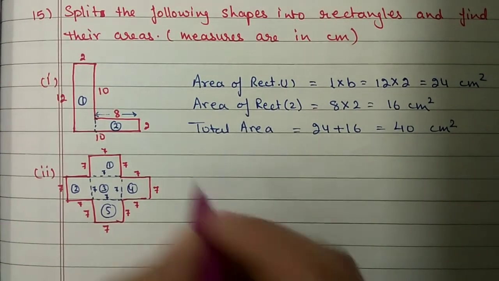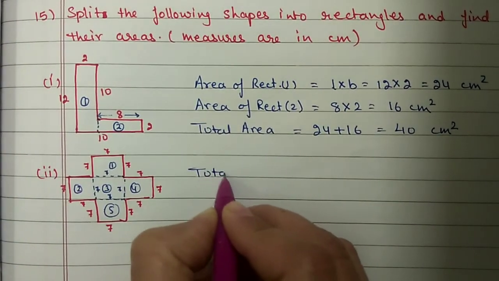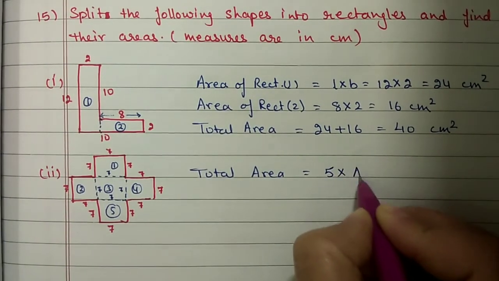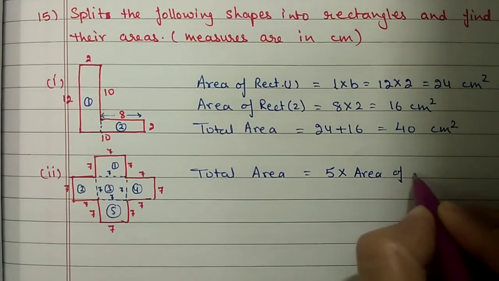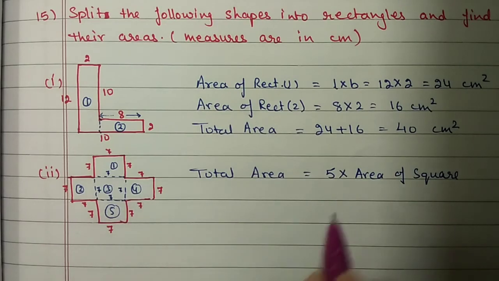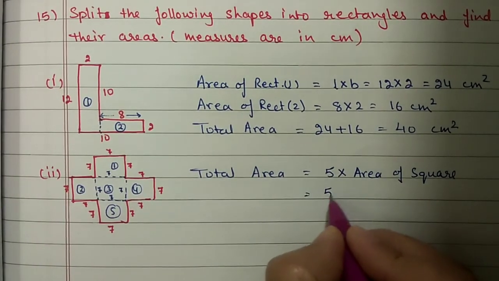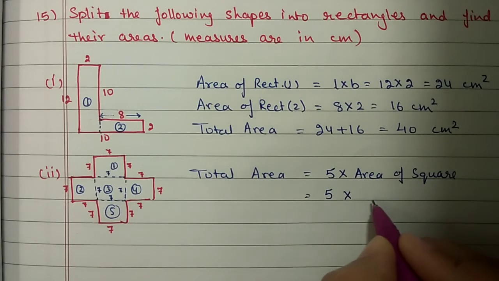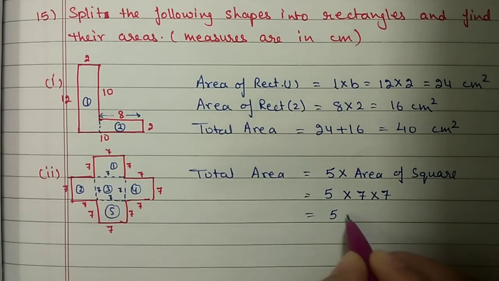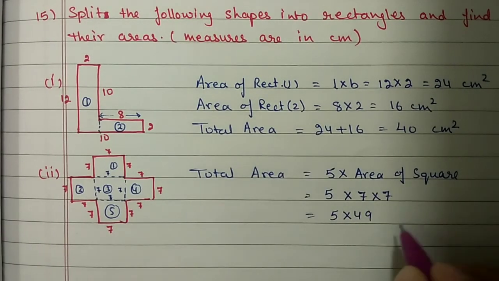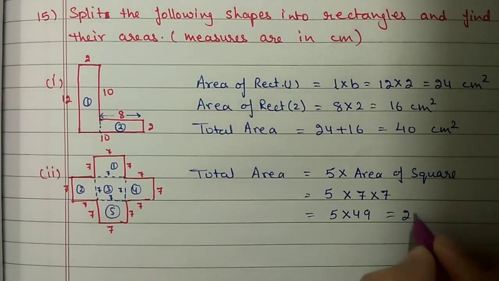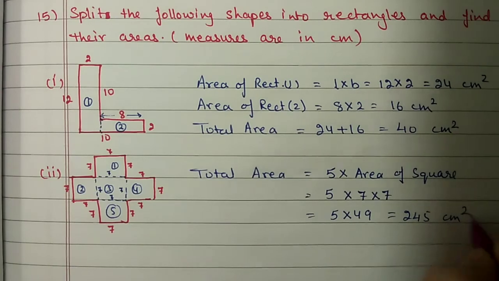So total area will be 5 into area of 1 square, because we have 5 squares of the same type, so we can multiply with 5. And area of 1 square is side into side, each side is 7, 7 into 7, 49, and 49 into 5, 245 centimeter square.